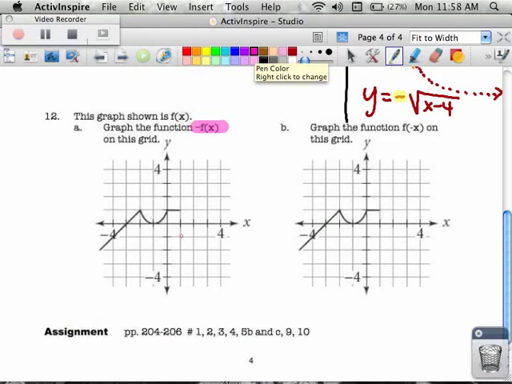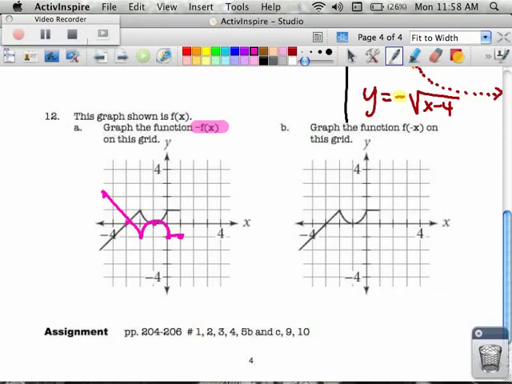So if I reflected over the x-axis, it would look something like the following. So if I graphed it, now I have the pink function. And they're not even really telling you what the algebraic equation is or anything. They just want to see if you can reflect it over that axis.